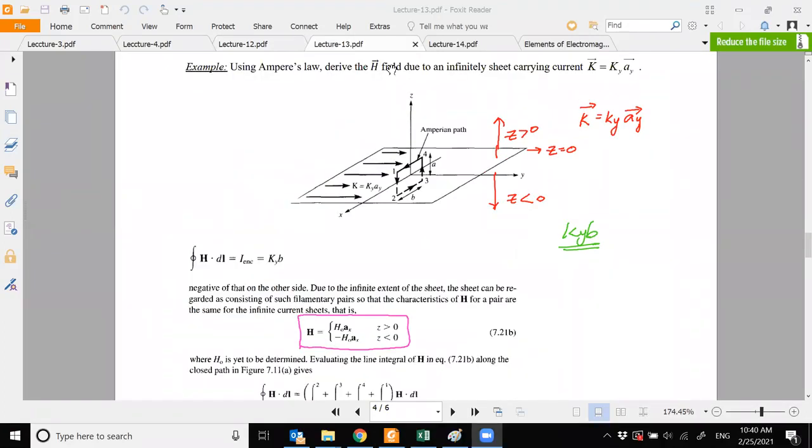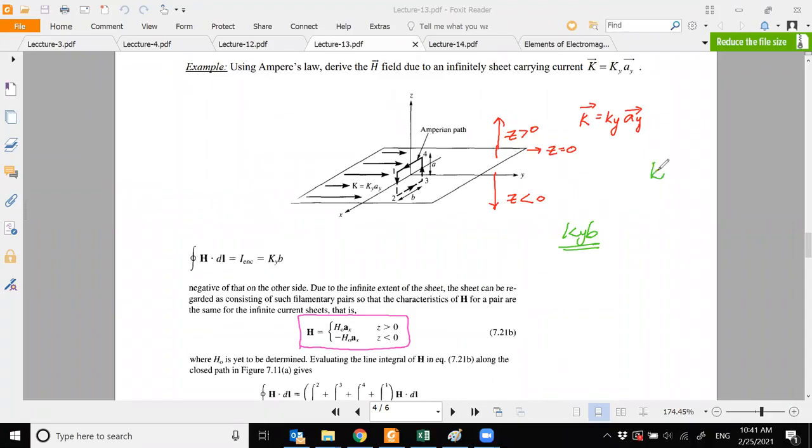We took the normal component of my current, which is only Ky, Ay is not required, and integrate this Ky over this complete length. And since your Ky is a constant, I can simply multiply by B. If it is a constant, otherwise I have to put the integral.